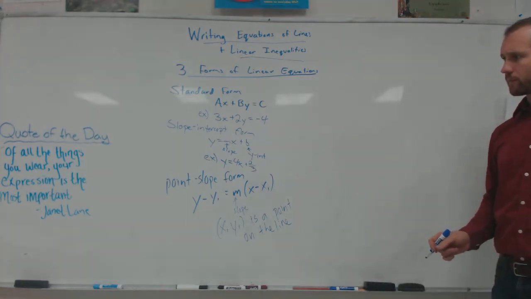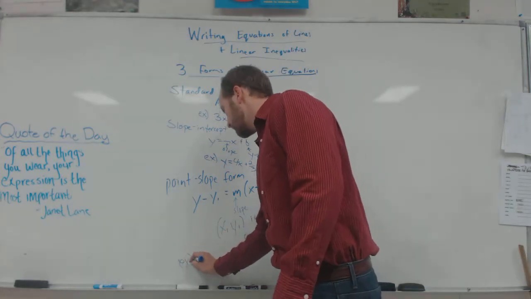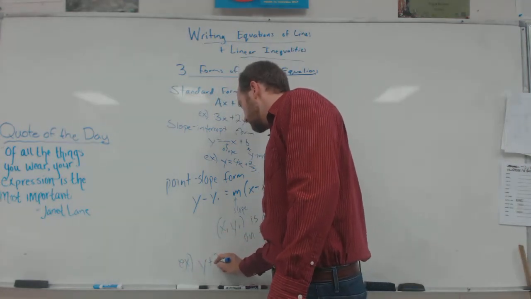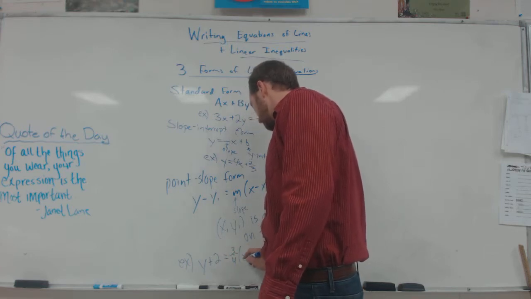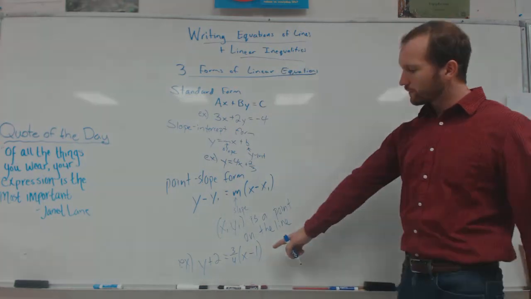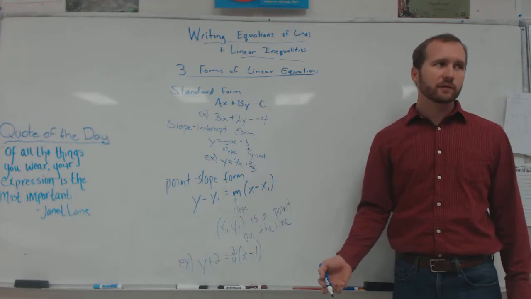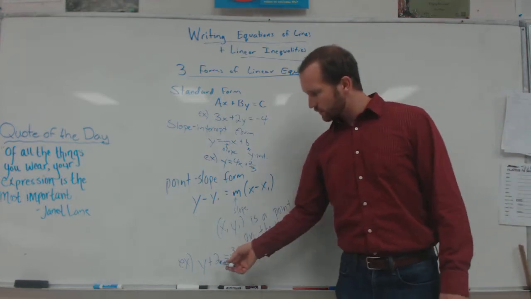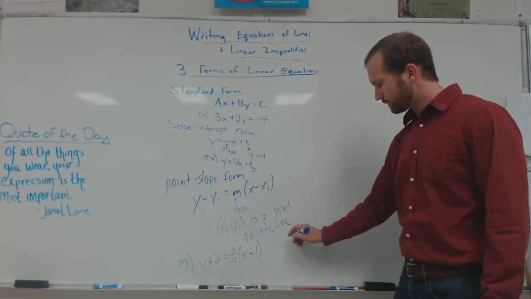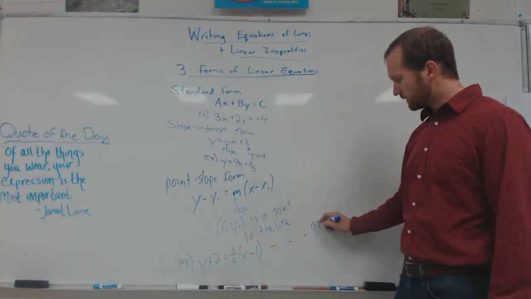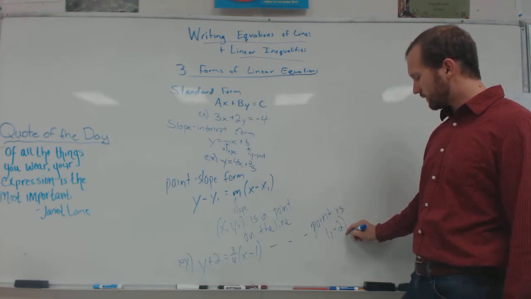Okay. And an example of this would be y plus 2 equals 3/4 times x minus 1. What would the point be in this equation? 1, negative 2, right? Because it's plus 2 and our equation calls for minus y1. So our point is 1 comma negative 2.